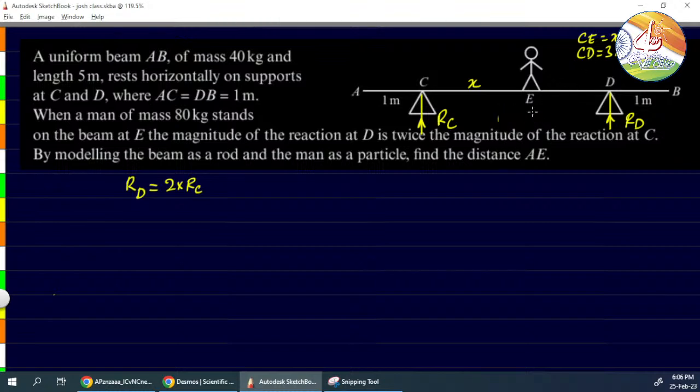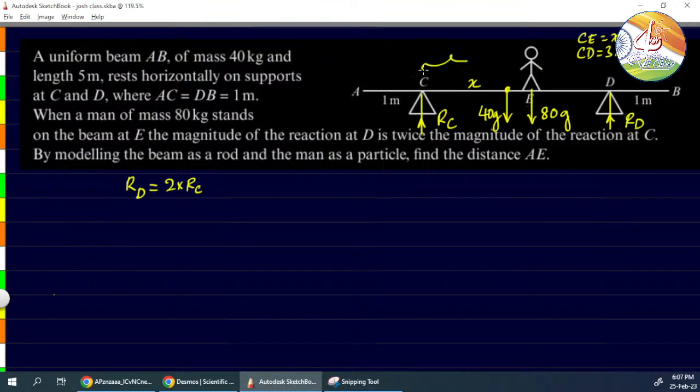The weight of the person is 80 kg, so 80G acts at E. Let us say the midpoint is here; the weight of the rod will act there. The weight of the rod is 40 kg, so 40G is the weight of the rod, and 80G is the weight of the person.